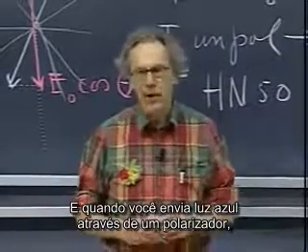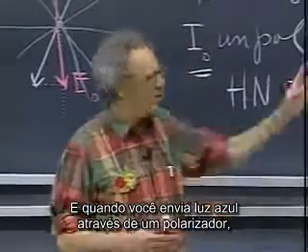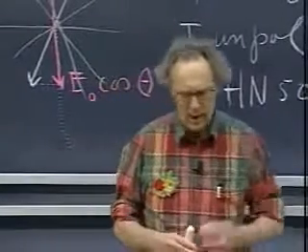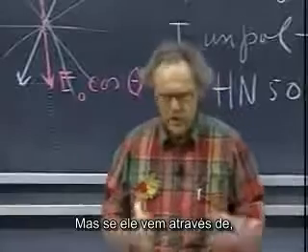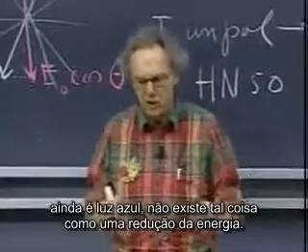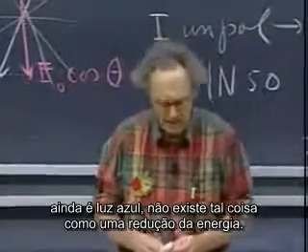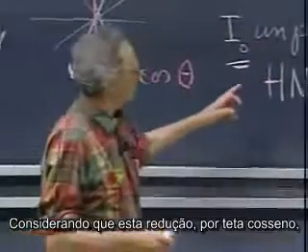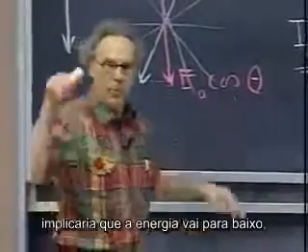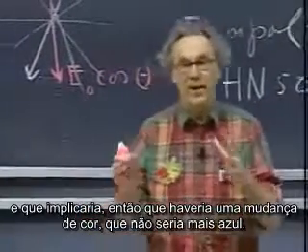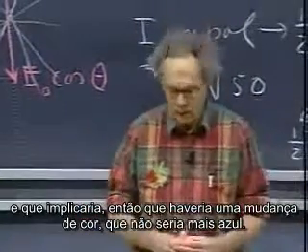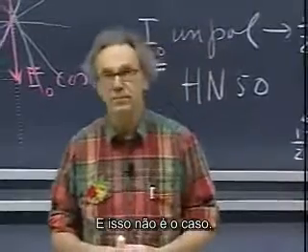And when you send blue light through a polarizer, the way I did here, it either comes through or it doesn't come through. But if it does come through, it is still blue light. There is no such thing as a reduction in energy. Whereas this reduction by cosine theta would imply that the energy goes down, and that would imply then that there would be a color change, that it would no longer be blue. And that's not the case.